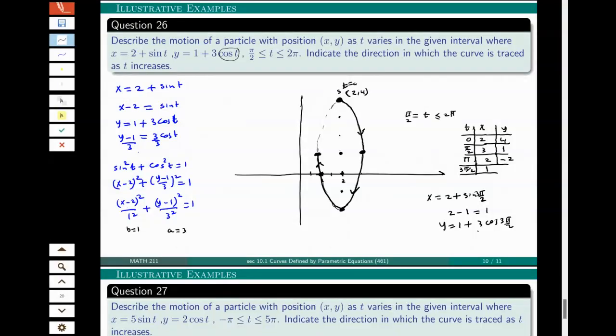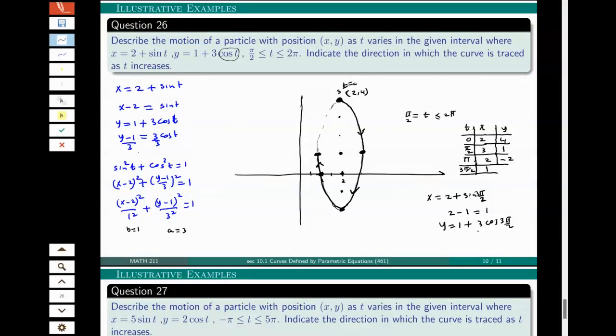Okay, and let me see. The motion of the particle goes up to 2 pi.